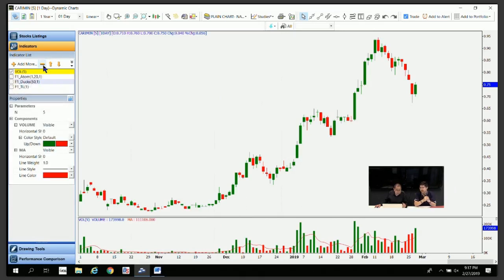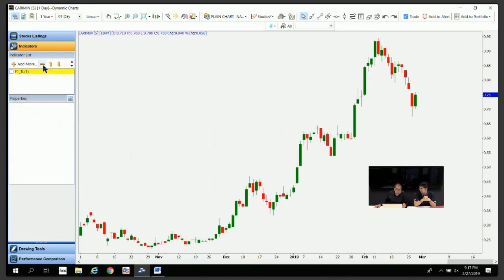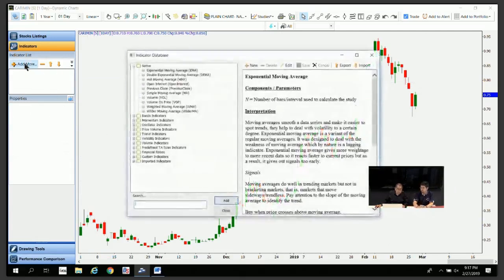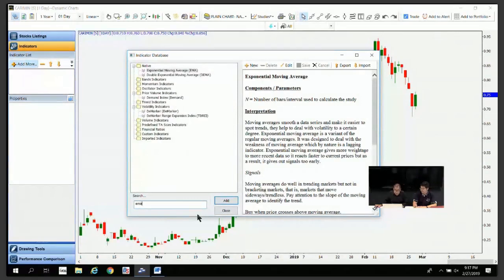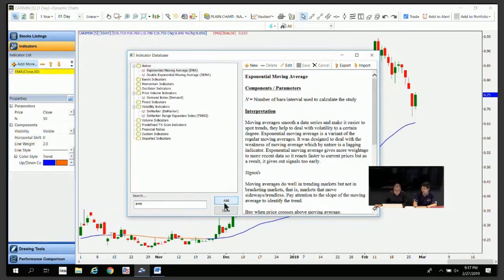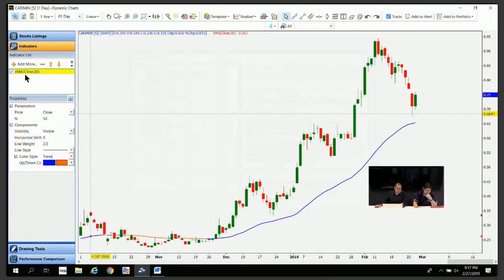Now I'm clearing all. Let's say I don't have any indicator. Now let's put the indicator. A moving average indicator: you add more, then search for exponential, or you search EMA, and you click add. That's it, you have added an EMA.